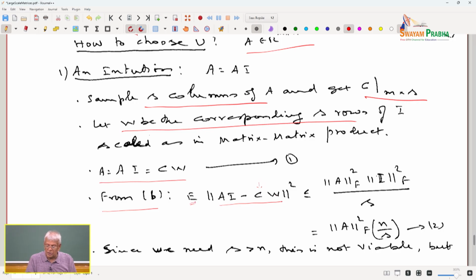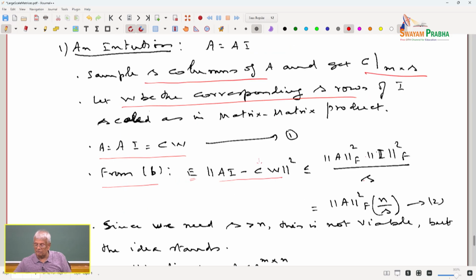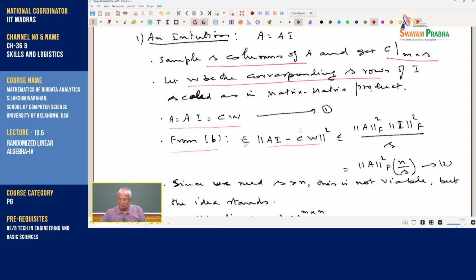So, I am going to talk about the expected value of the square of the norm, and we already know the expected value of the square of the norm is upper bounded by the product of the Frobenius norms divided by S, the number of samples. The Frobenius norm of I, the Frobenius norm of W, where W is I, is essentially n.